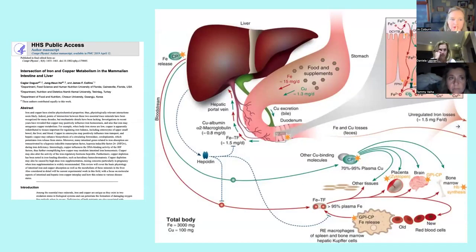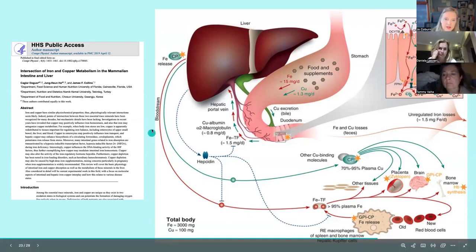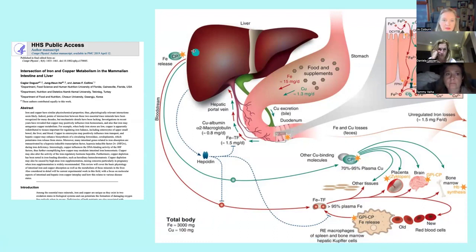And then this was the other one, the intersection of iron and copper metabolism in the mammalian intestine and liver. I know we've talked about some of this, and I had some other different diagrams, but this diagram basically talks about how ceruloplasmin works. In the red is the bloodstream, the green lines are the movement of copper, and the blue line is iron.